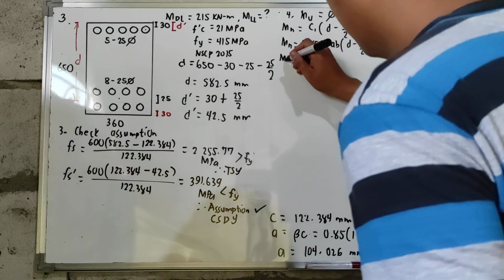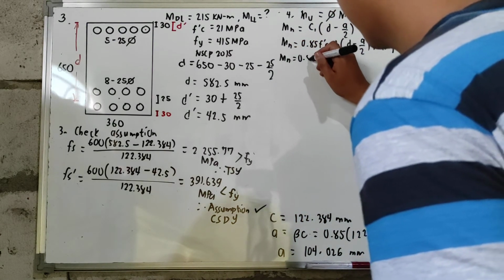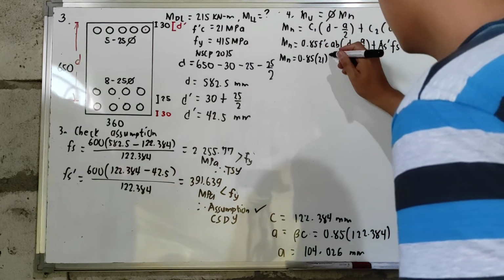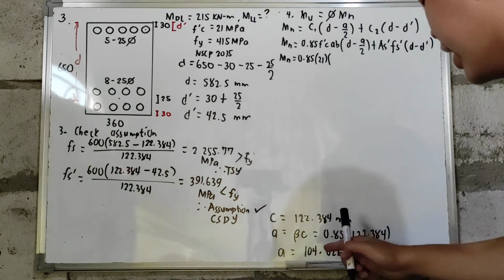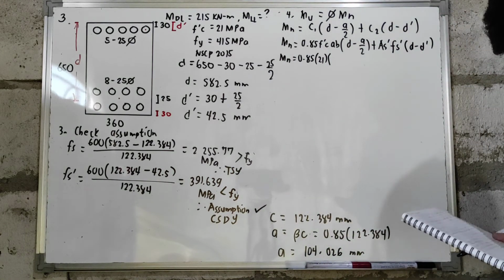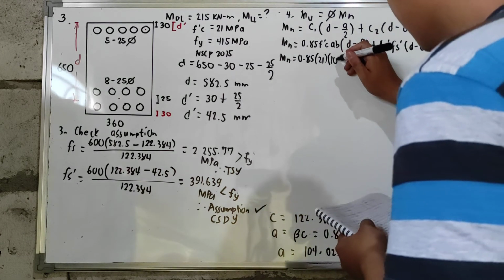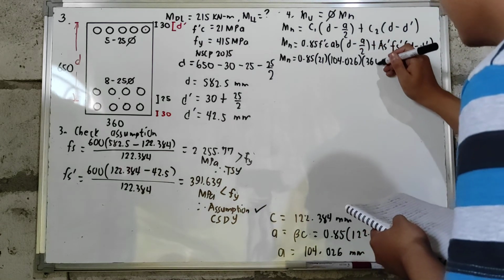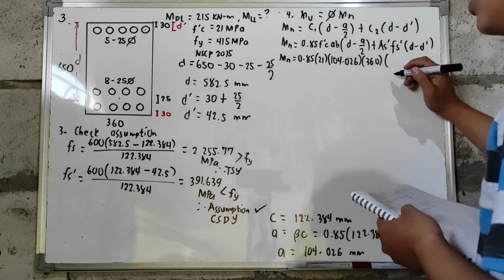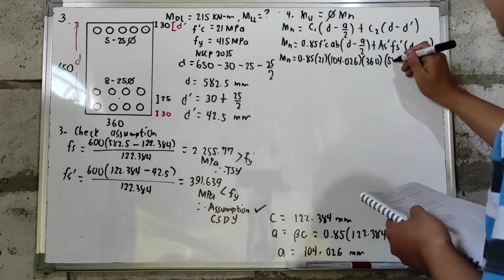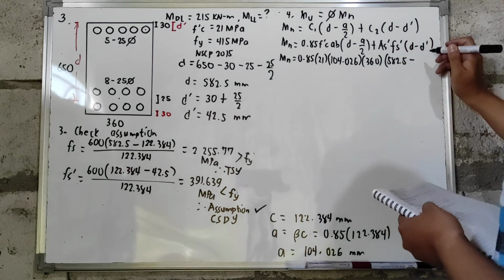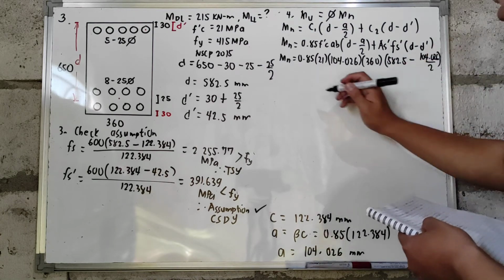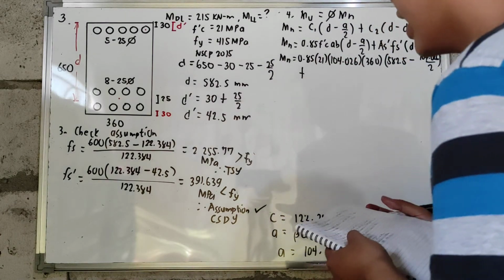So, nominal moment, that is equal to 0.85 The value of your F'c na 21 multiplied by yung a natin na nakuha natin na 104.026 multiplied by b na 360 multiplied by yung D natin na 582.5 minus yung a over 2 plus yung value ng As' natin.